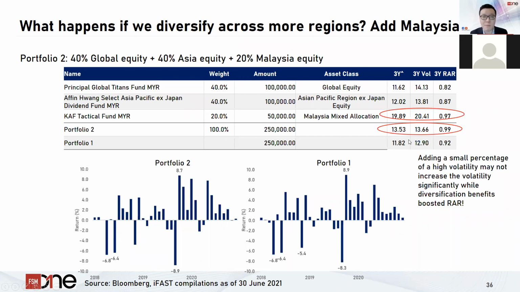From 12.9 before, now you have 13.6, slightly higher vol, but you boosted your return a lot, resulting in a better risk-adjusted return of 0.99, which is better than the previous portfolio and better than the individual funds themselves. The higher the risk-adjusted return, the better. So the conclusion here is that adding a small percentage of a high volatility fund may not necessarily increase your overall portfolio vol by a lot, while the diversification benefits come in, boosting your risk-adjusted return.